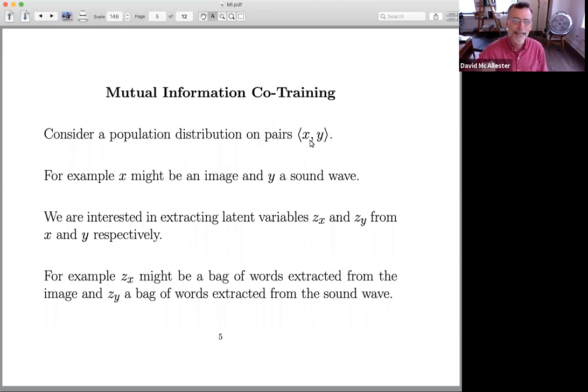In a VQ-VAE, we are introducing symbols and getting a discrete, somewhat symbolic representation of images. We don't know if images are represented in terms of recognition of semantic categories or some kind of semantic labelings of the objects in the image. Anyway, I want to think about this example where X is an image, Y is a sound wave, and we're extracting bag of words representations of both.